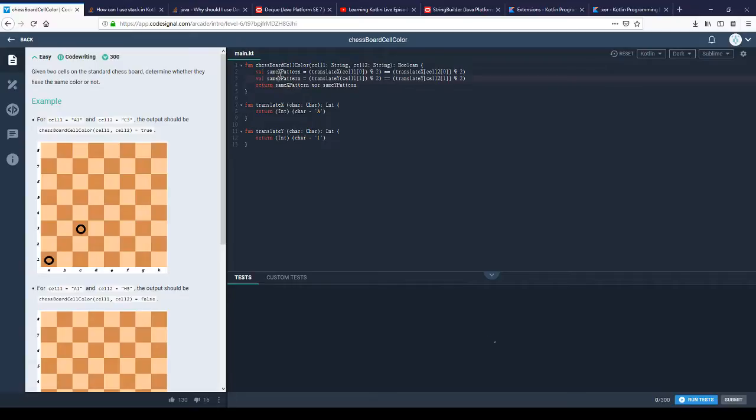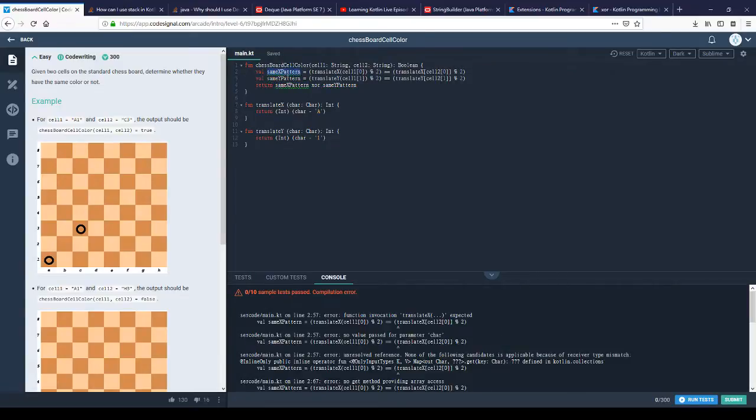So if it has the same X pattern and same Y pattern, then it returns true. Or if it doesn't have the same X pattern and doesn't have the same Y pattern, then it returns true again. Come on, function invocation translate X expected. Yeah, that's an invocation. What's your problem with it?